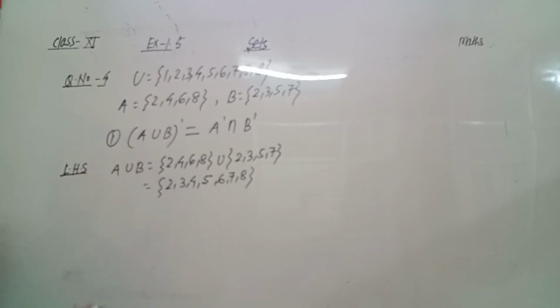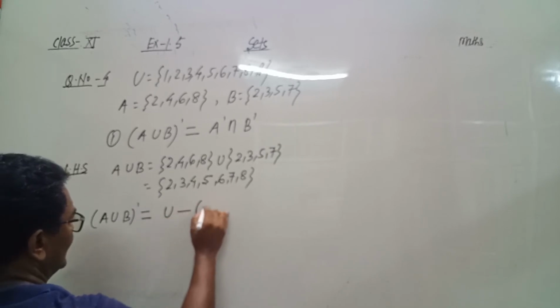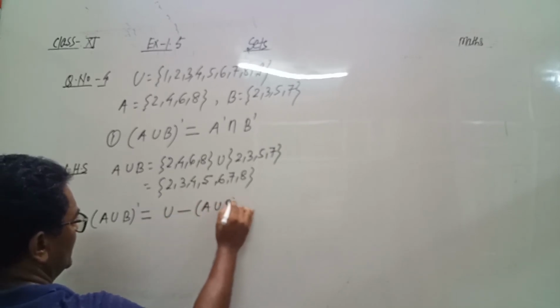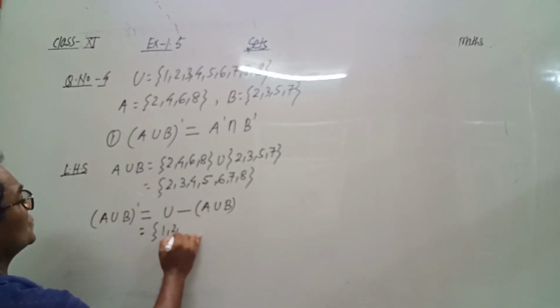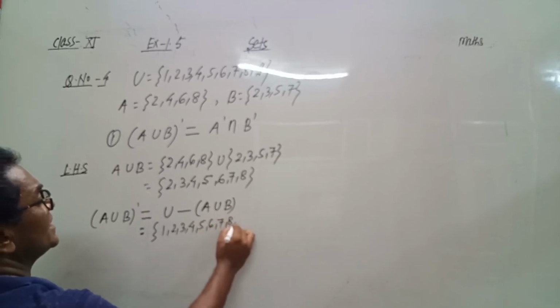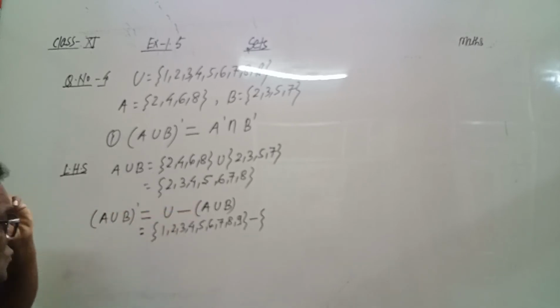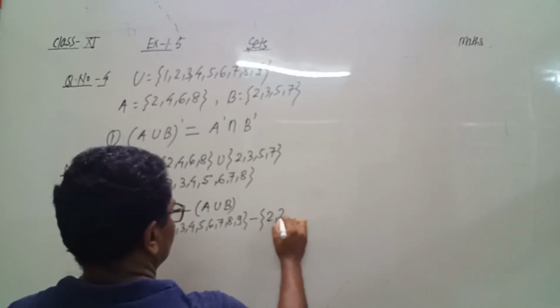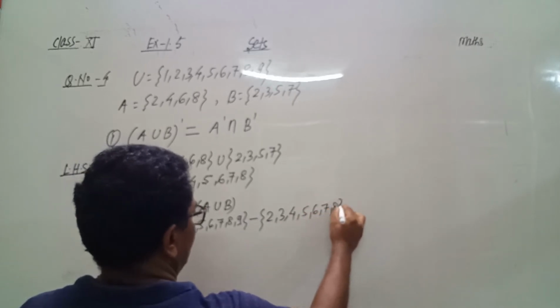Now for finding (A union B) dash, this is the complement, which is equal to U minus A union B. The universal set is 1, 2, 3, 4, 5, 6, 7, 8 and 9 minus A union B, which is 2, 3, 4, 5, 6, 7 and 8.